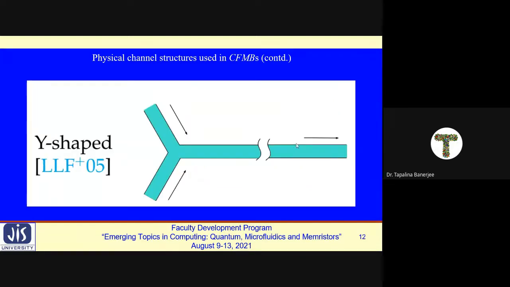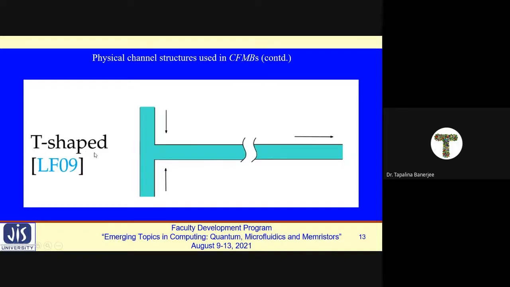Now this is another shape of network that we can use, another physical channel structure. An improved fluidic network comprising Y-shaped junctions obviates this problem though it suffers from shearing.